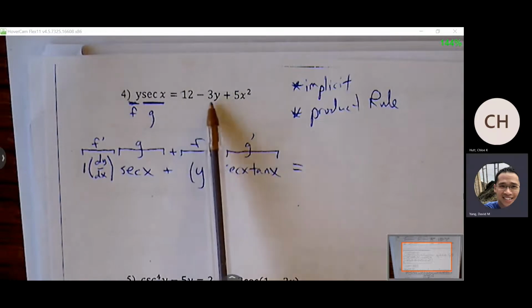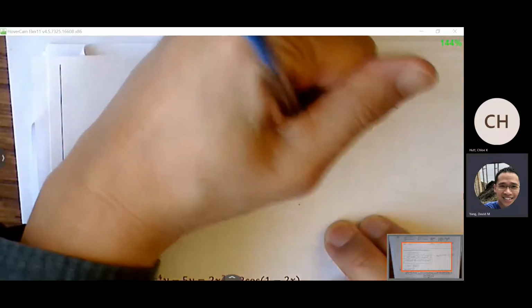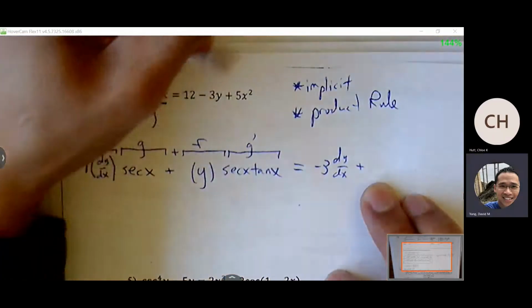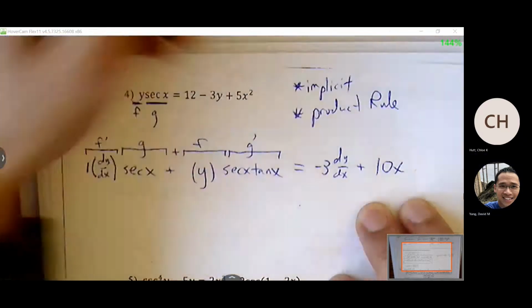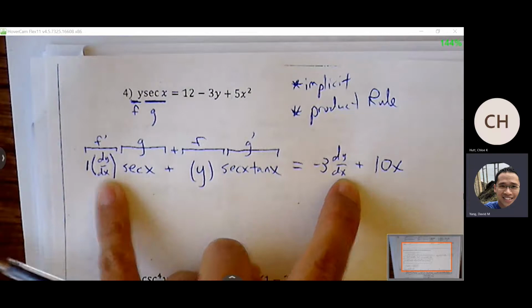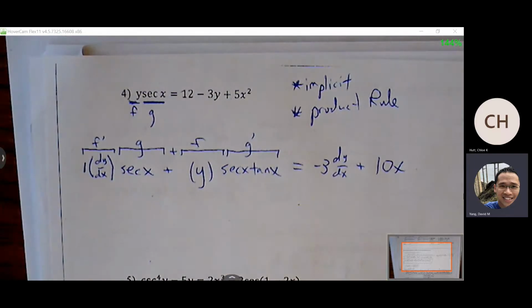Okay, 0. Negative 3y becomes negative 3 dy dx, and then 10x. Okay, you have 4 terms. 2 terms have dy dx attached to them, so add and subtract so you can get the dy dx terms together.